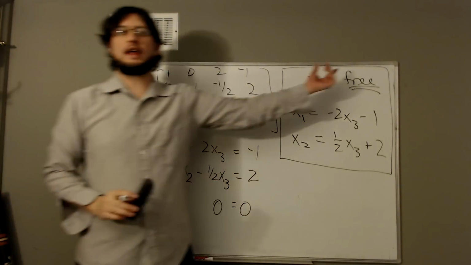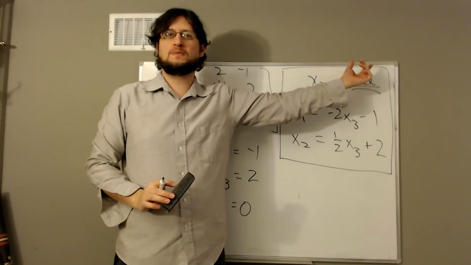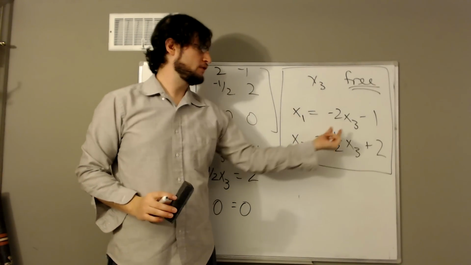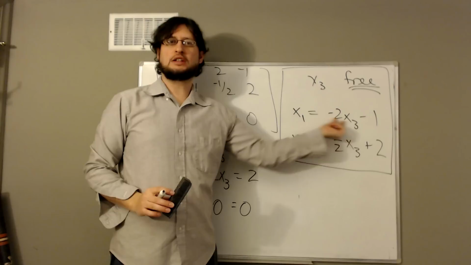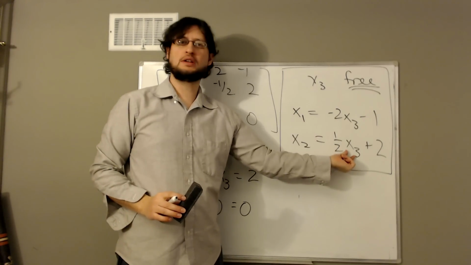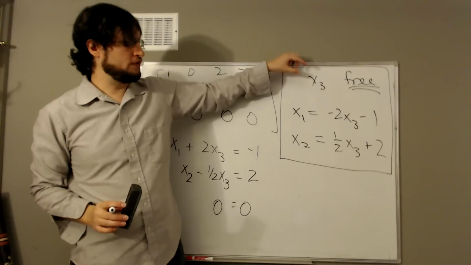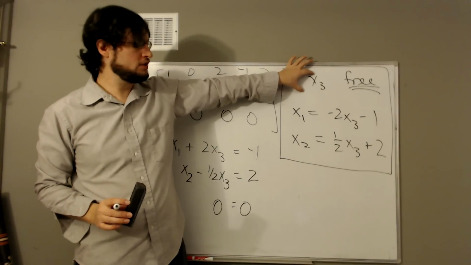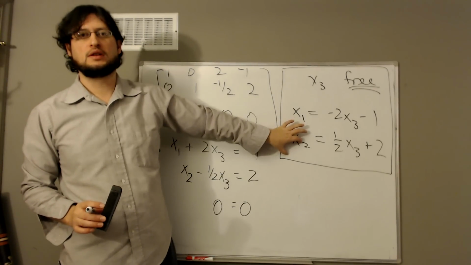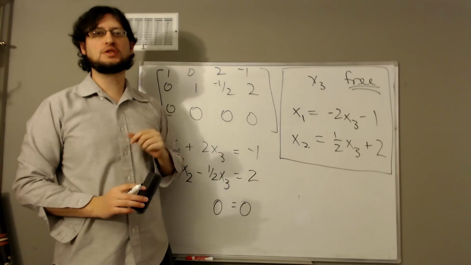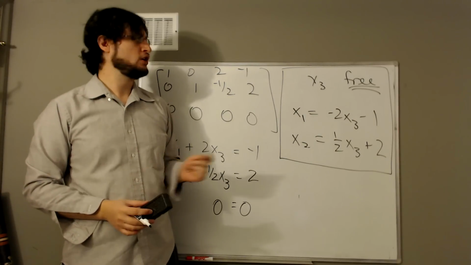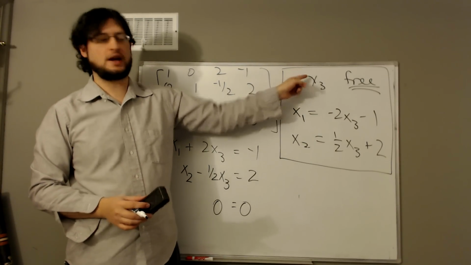So you can choose any value you want for x3. Once you choose that value, if you plug it in here, it gets you x1. If you plug it in here, it gets you x2. You plug those things back into the original system of equations and they'll work, no matter what you started with for x3.